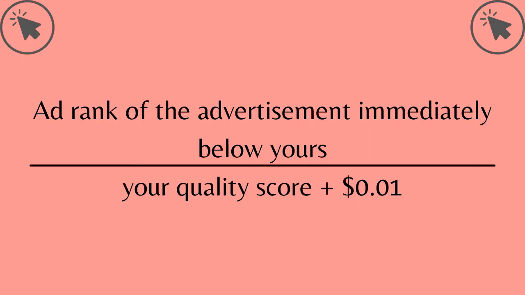This rating or quality score ranges from 1 to 10 and is based on multiple parameters. The formula is: the ad rank of the advertisement immediately below yours divided by your quality score, plus $0.01.